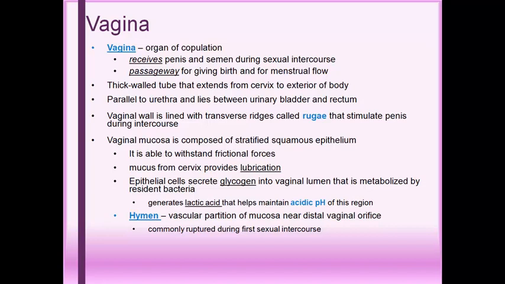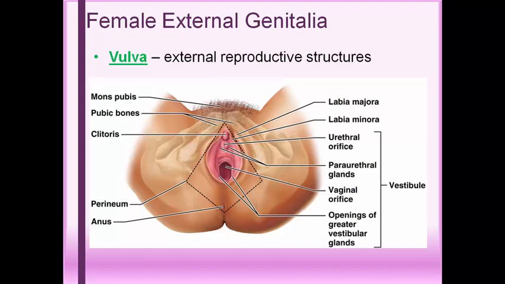That has a sociological connection, because even today in modern society, in some parts of the world, if it is ruptured, they consider the female not to be a virgin, and many times she's either killed or sold off as a slave. So anyway, the anatomy of it does still have sociological ramifications.